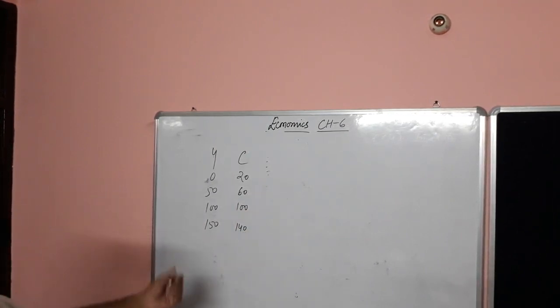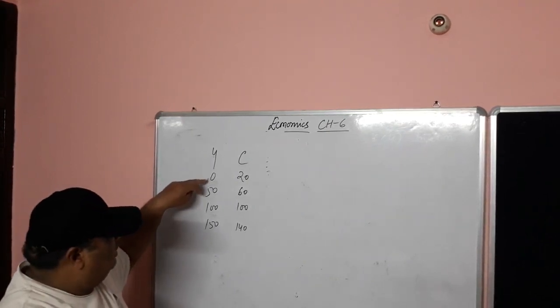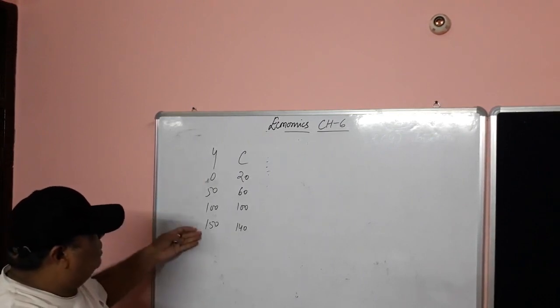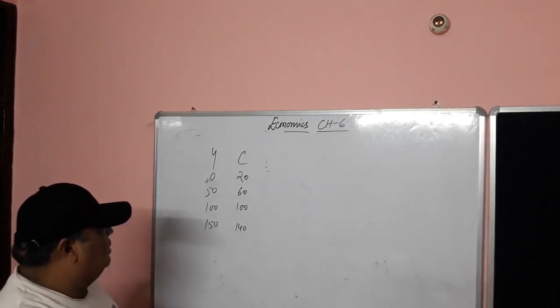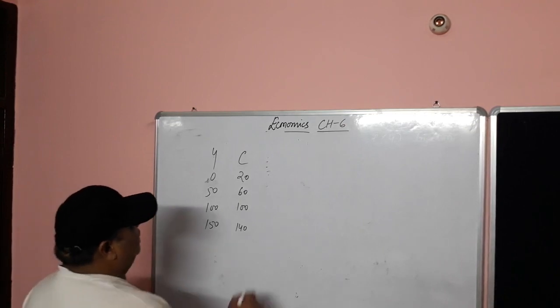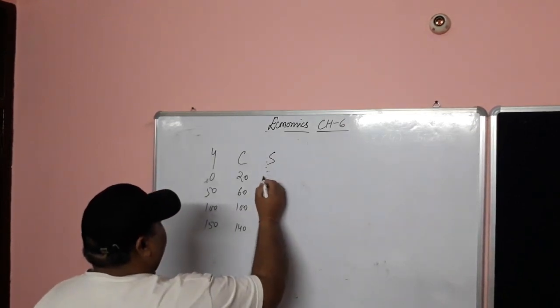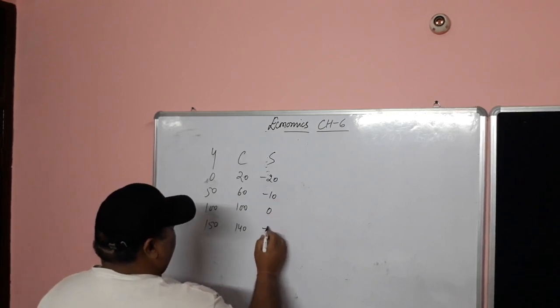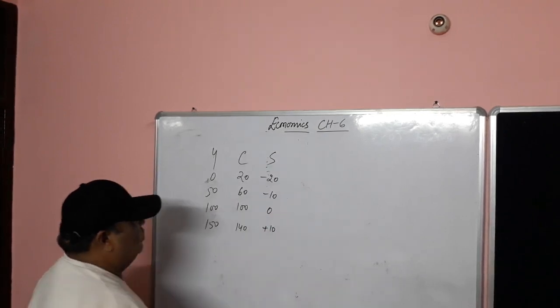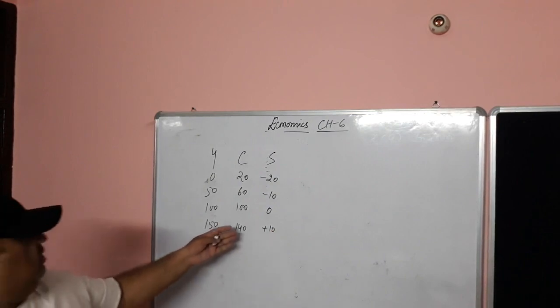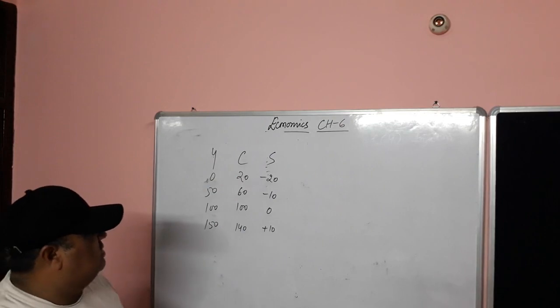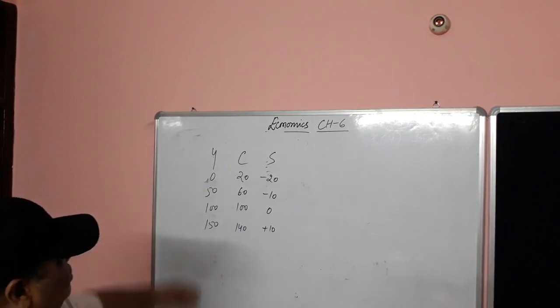These are assumed values. But the question arises: when your income is 0, your consumption is never 0. When your income increases, your consumption increases, and saving also increases, like saving of minus 20, minus 10, 0 and 10. So this is the consumption curve, this one is the saving curve, and this is your income.